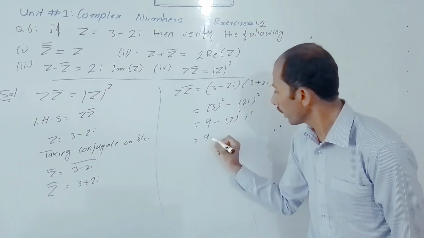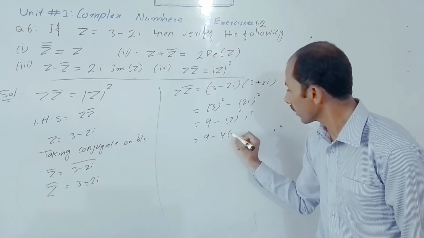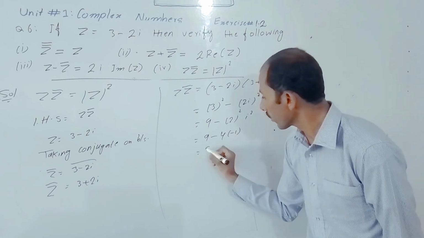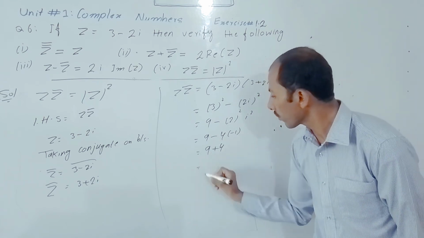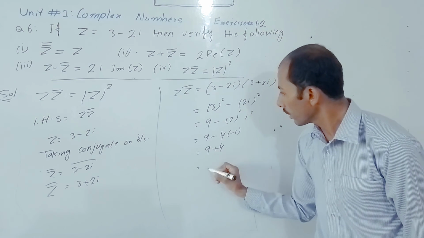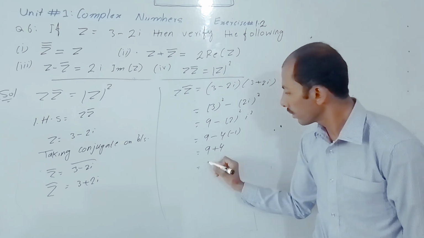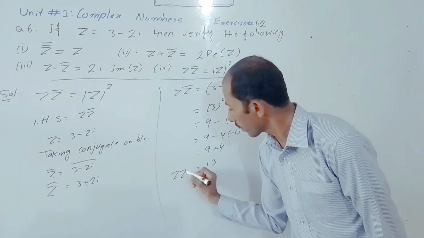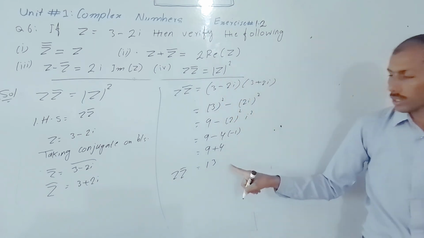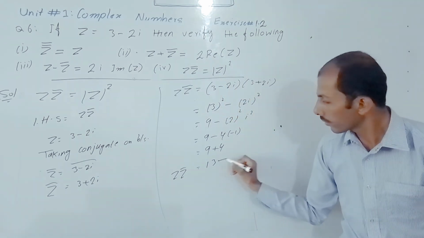So 9 minus 4i square, where i square is equal to minus 1, which is equal to 9 plus 4, 13. So z z conjugate is equal to 13. Equation number 1.